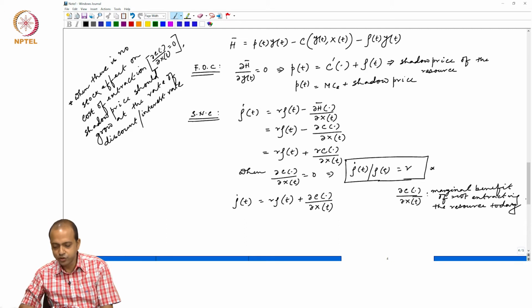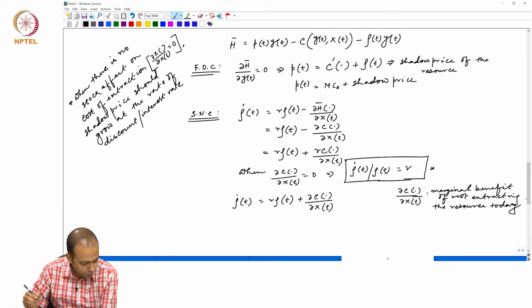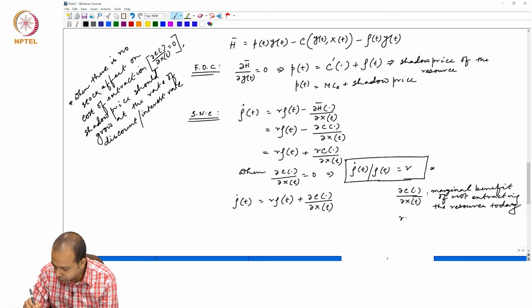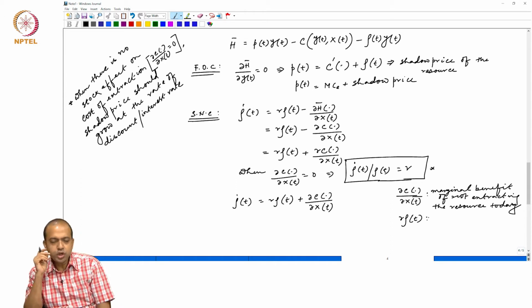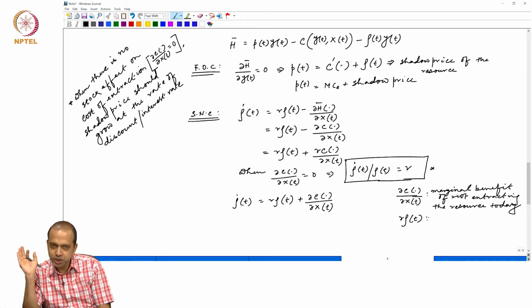Not extracting the resource today. And what is R into rho T? See, rho T, we said this is shadow price. So, that means this is some kind of price of the resource we can think of. Since there is no direct price, we are thinking of the shadow price concept here of the resource.